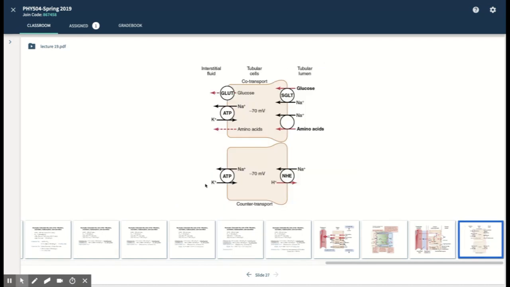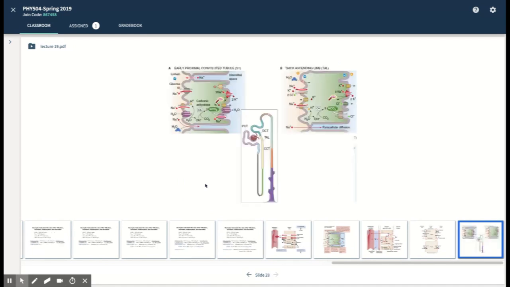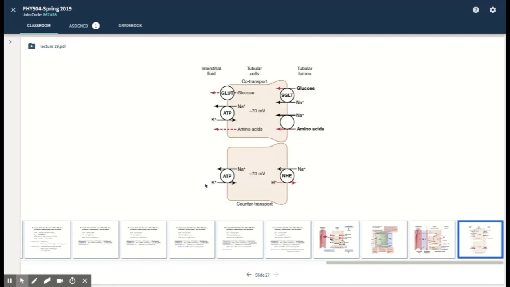We're going to get into the complicated part here, but I want to introduce, in a very simplistic figure, again from your Guyton book, how sodium allows for the movement of your glucose and your amino acids.